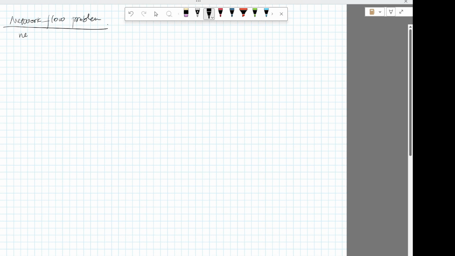So you have a network of n nodes and each pair of n nodes is connected by a directed link.